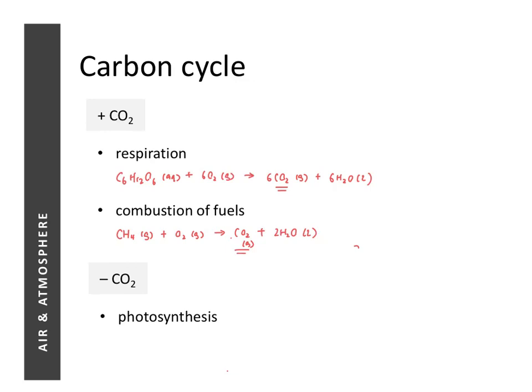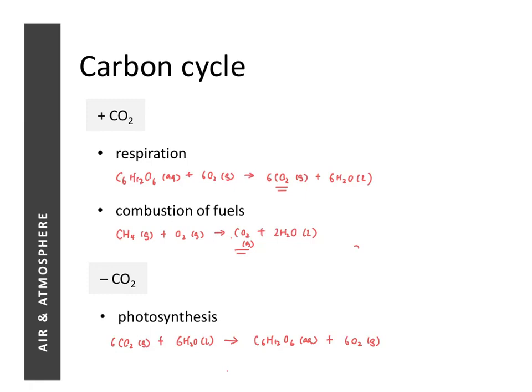So they produce CO2. Now, we also need to learn to write the equation for photosynthesis. The good news is that it's just the opposite of respiration. So if you can remember the equation for respiration, you just need to flip it. Now, CO2 plus water, this happens in plants to form your glucose, and it releases oxygen gas.